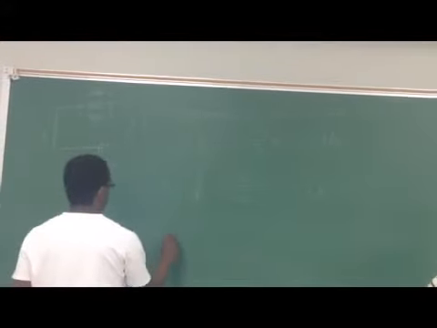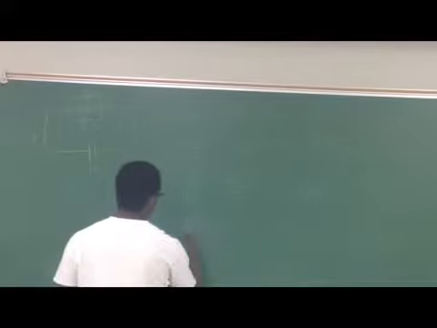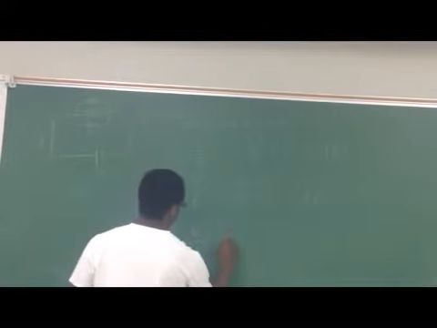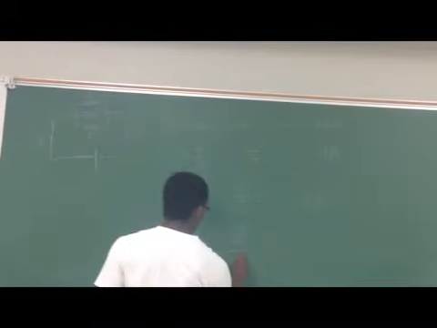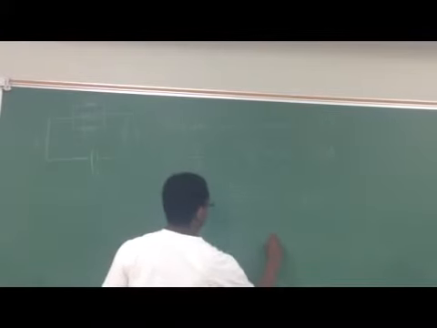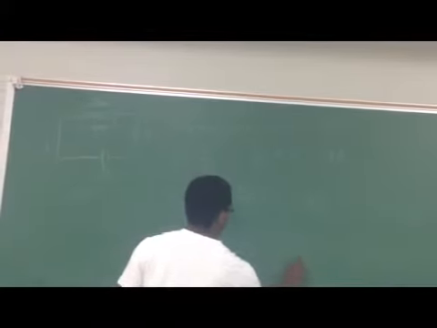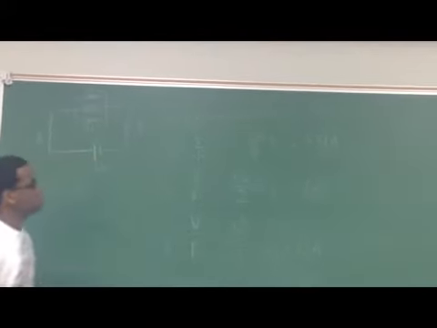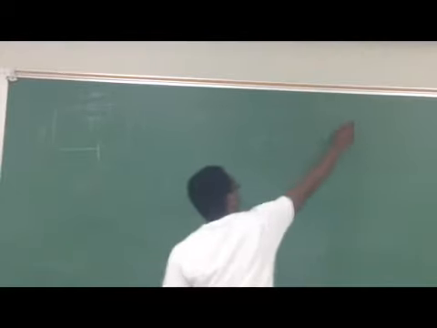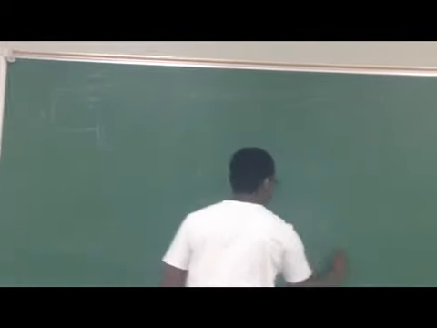And then for I3, V is once again 12, and R is 1, giving us I3 equal to 12 A. And those are our currents right here.